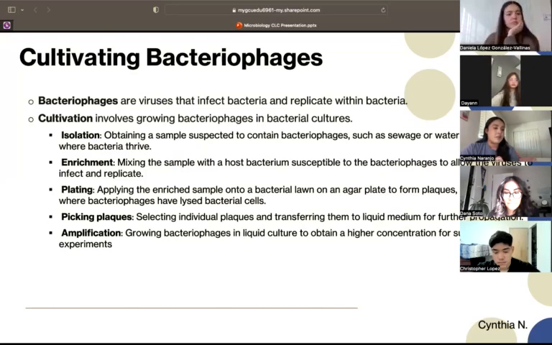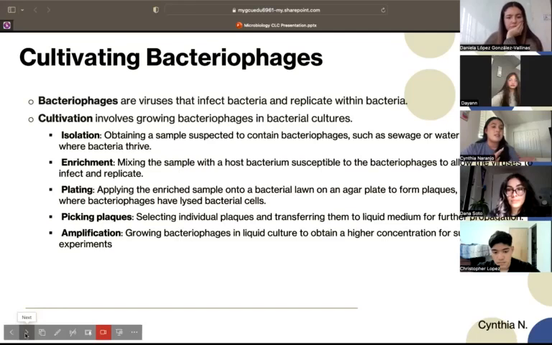Next is picking plaques, which is selecting individual plaques from the agar plate and transferring them into a medium for further propagation. Next is amplification, which is the growing of bacteriophages in liquid culture to obtain a higher concentration for subsequent experiments.